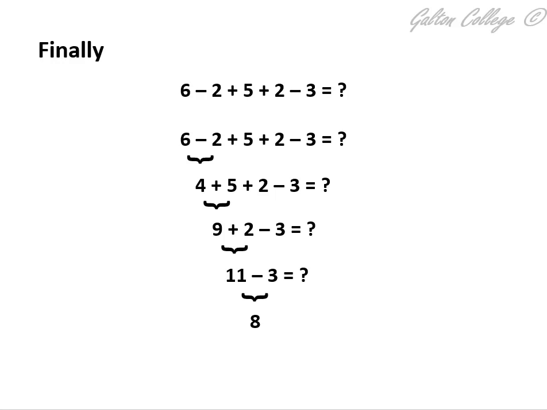So the answer is 8. If we'd gone the other way, or just gone any old way, we probably would have got a different answer. We know this is correct. We go from left to right. That is the way in which we resolve this issue.